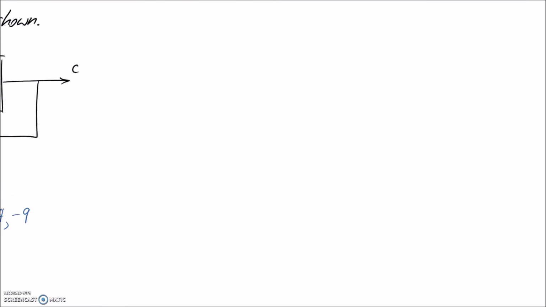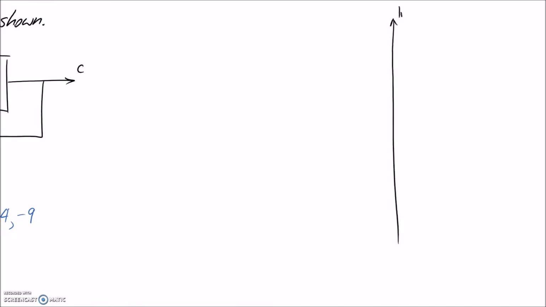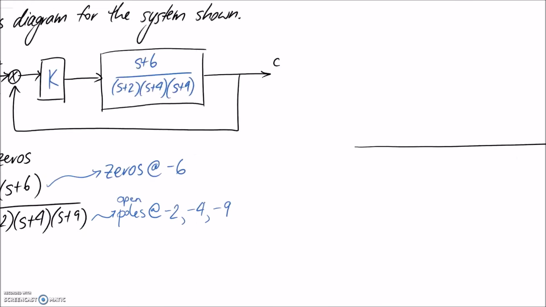So I'm going to draw our root locus diagram over here. Let's set it up with our imaginary axis and our real axis, and we should be able to mark on what we've just identified.